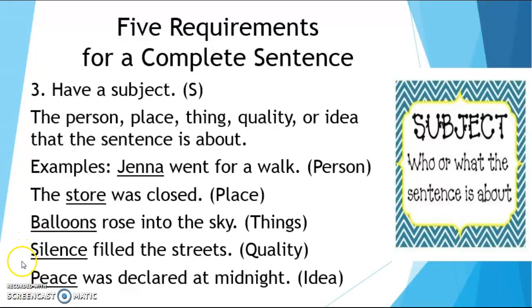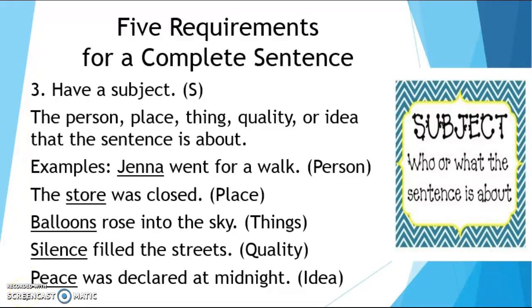And these next 2 are kind of more challenging. They're not something we always see as much also. So the fourth one is quality, and the sentence says silence filled the streets. Silence is actually a quality that would happen. And then the 5th one is an idea. Peace was declared at night.